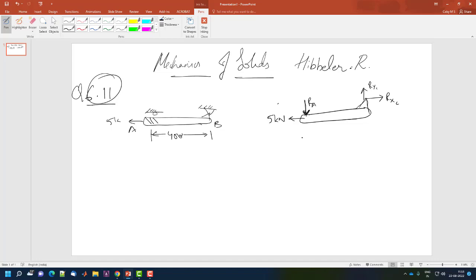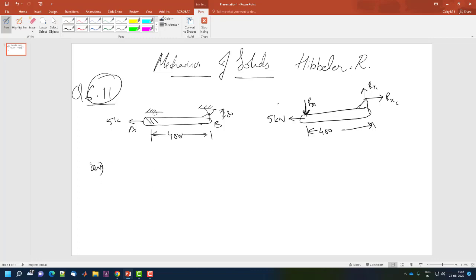That is this RA. So 400 mm, everything is in mm. Here it was 80 mm. Okay, so the question is to draw the shear force and bending moment diagram.